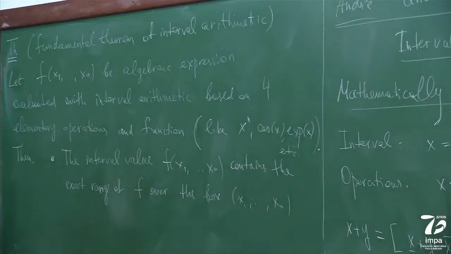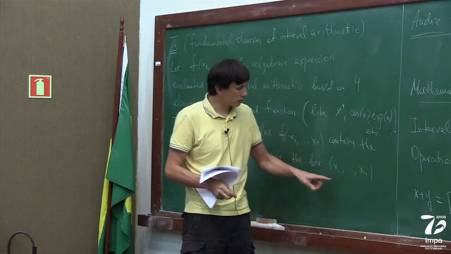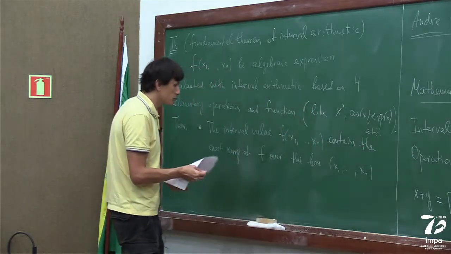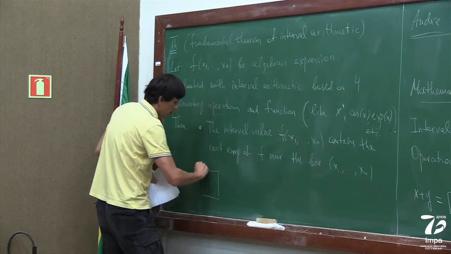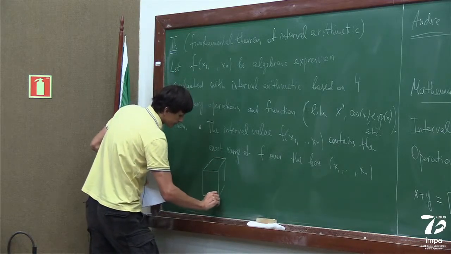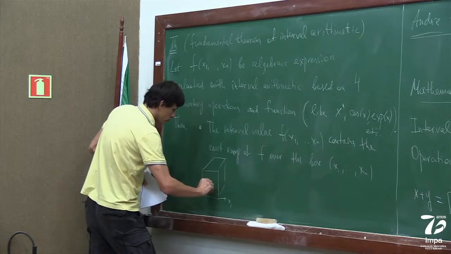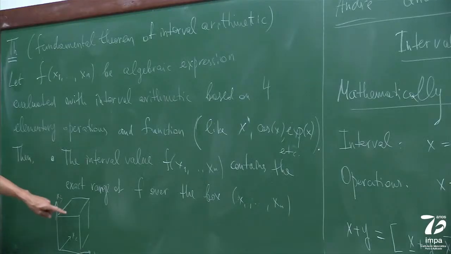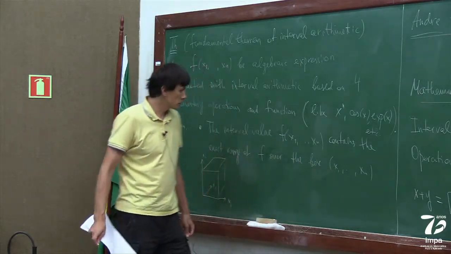What it means is that each variable x1, ..., xn is an interval. And then we have n of them, so it's n-dimensional space, which means that each one is an interval. So we have something like a box in each direction: x1, x2, x3. So this is a box which is given by these intervals.